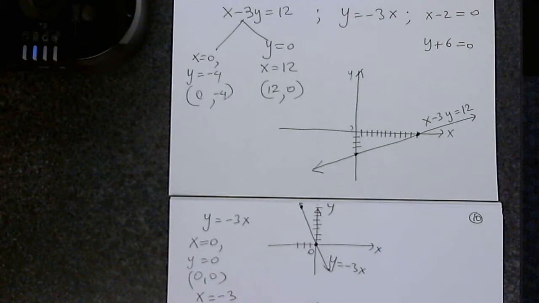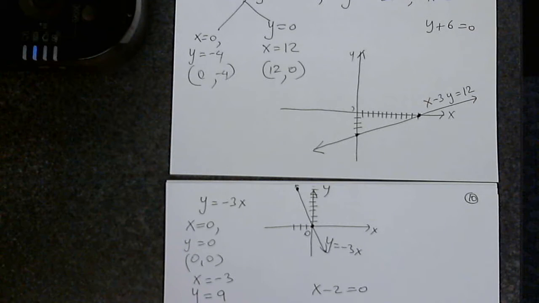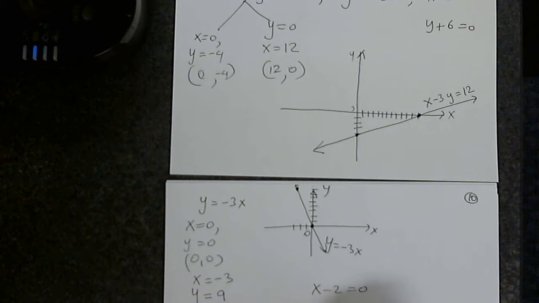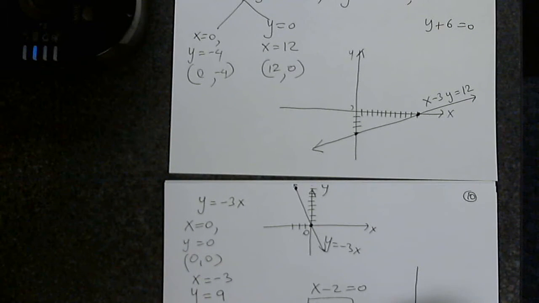What do I have to do first? Oh, get x by itself. Good, so x equals 2. What type of line is this? Vertical line indeed. Where? When x is 2. Right here. This is x equals 2.